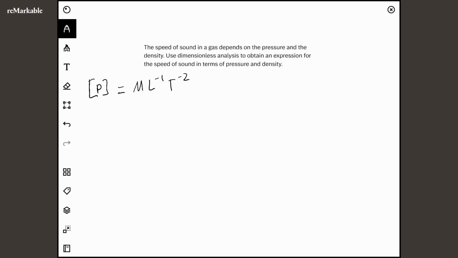I should also note that these brackets around the P just mean the dimensions of P. Now, we can also do the same for density, which would be M L^-3.